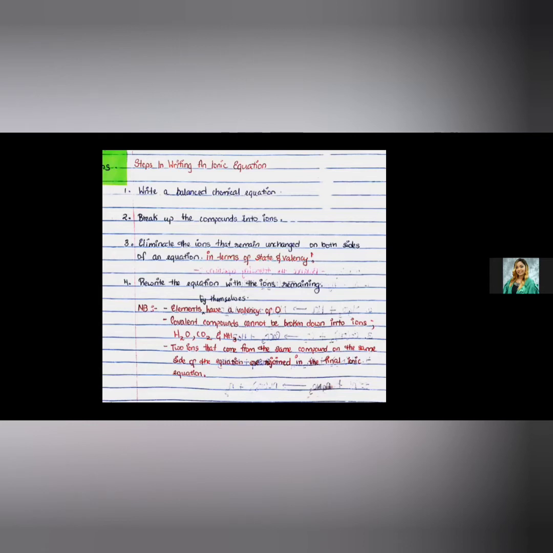Step 3, eliminate the ions that remain unchanged on both sides of an equation, in terms of, and see I put it in red, in terms of state and valency. Those 2 things are going to be very, very helpful in your writing of your ionic equations. Then you rewrite the equation with the ions remaining. It only sounds hard, but it's really, really easy.